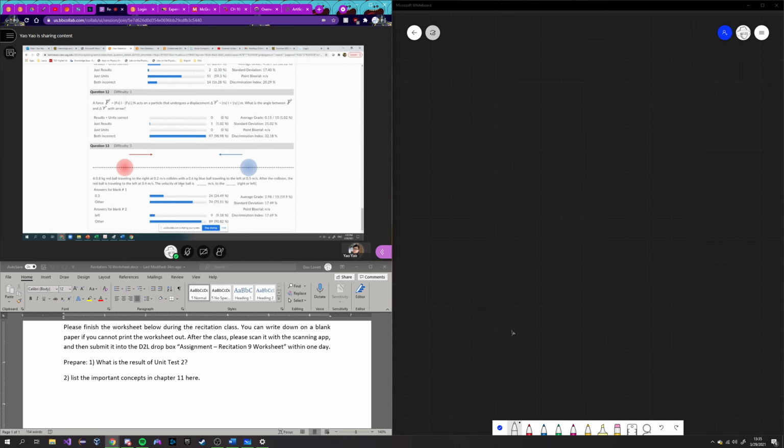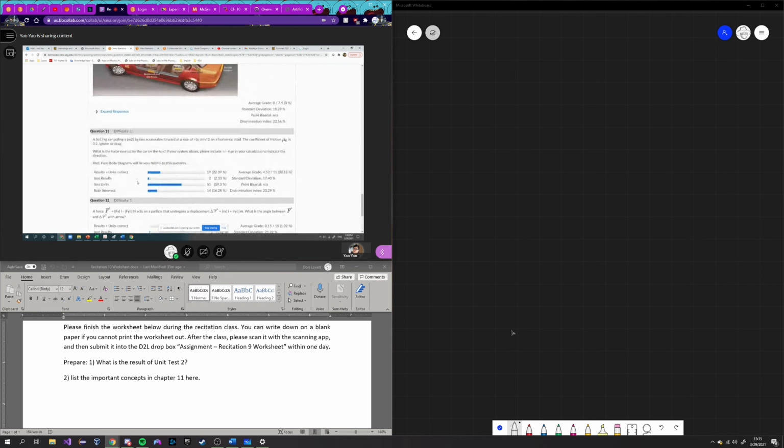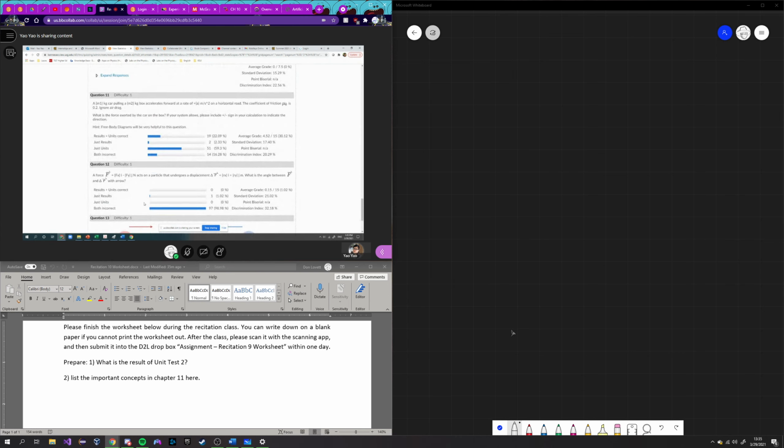So considering the limited time in this test, I simplified that to a one-dimensional collision, and you only need to apply one equation, then you can get the answer here. And this question is very similar to one question we discussed in one of our recitations, right? Just before the exam.